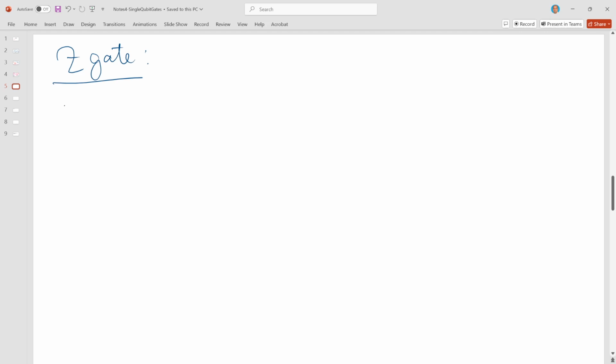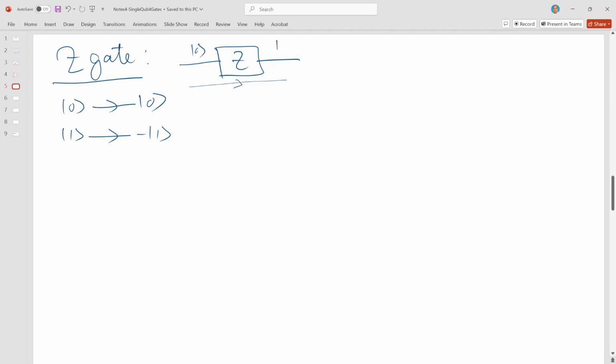So we need a gate which does nothing to state 0 but flips the sign if the input state is 1. Symbolically we can represent it like this. The flow is from left to right. So it means that 0 state should go to 0, no change, and 1 state should go to minus 1 state.